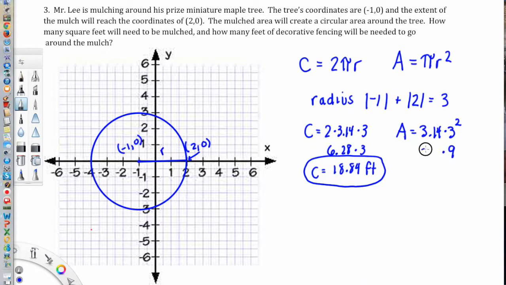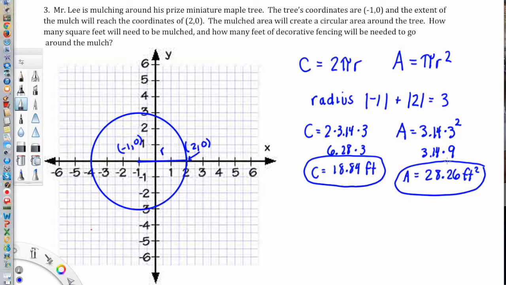And then we'll multiply that by 3.14, which will give us 28.26 feet squared. And that's the area that needs to be mulched.